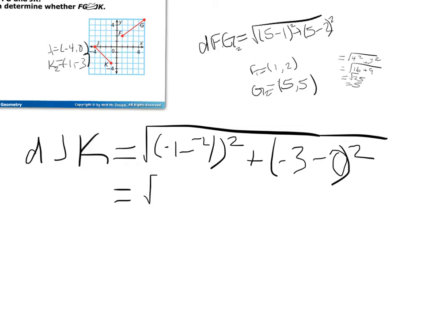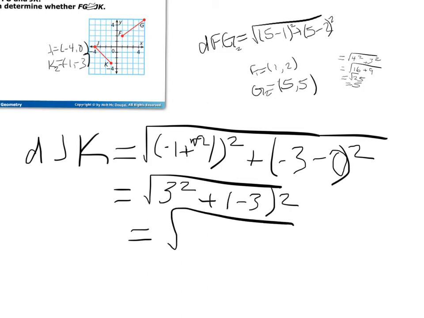When I combine these, I get -1 minus -4. Change this to minus, and negative is plus. -1 plus 4 is 3. Square that still. Add -3 minus 0 is -3, and I'm going to square this.